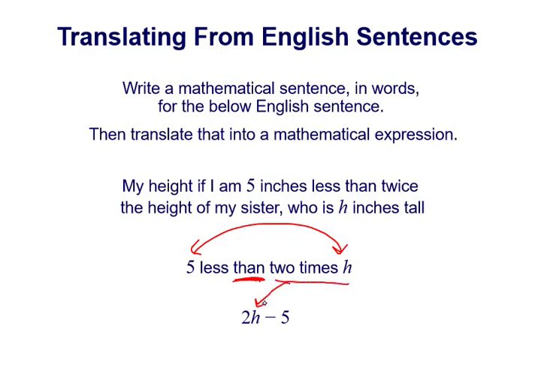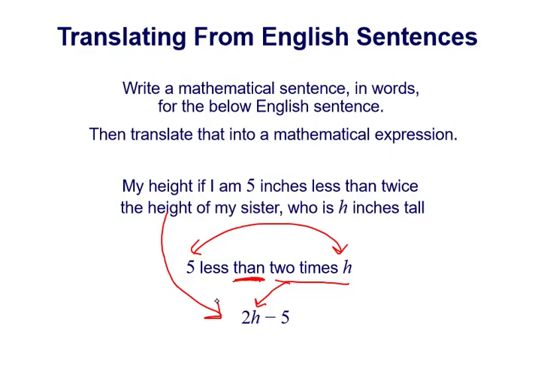So 2 times h is multiplying h times 2, so 2h, and then we're subtracting the 5. So my height, if I am 5 inches less than twice the height of my sister, who is 8 inches tall, that English sentence translates to 2h minus 5.